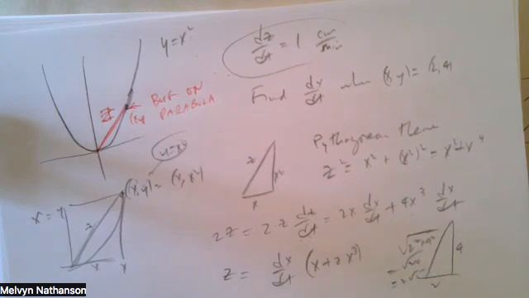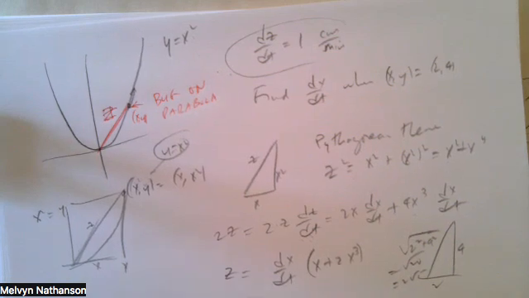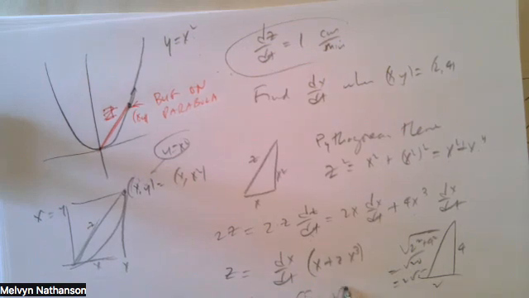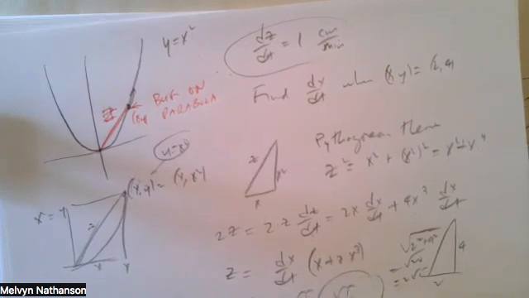So z is 2 root 5, x is 2, plus 2x cubed is 2 times 8, plus 16. So that's 2 root 5 over 18, or root 5 over 9.